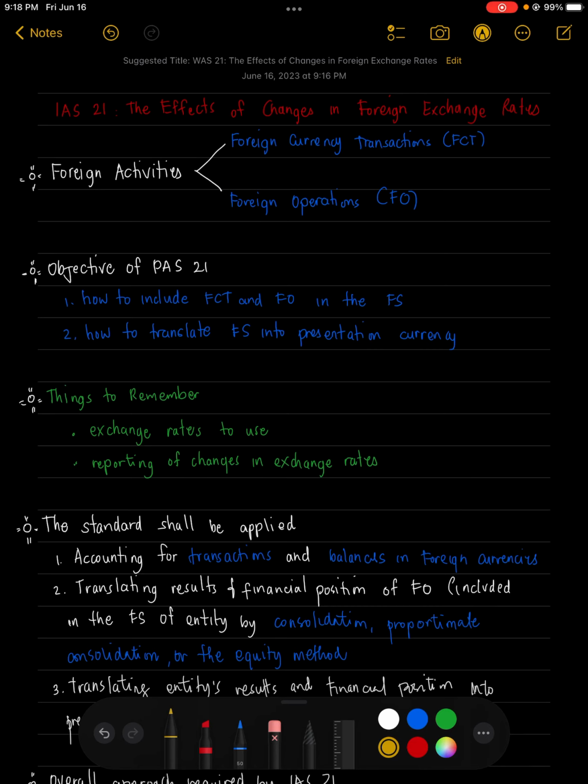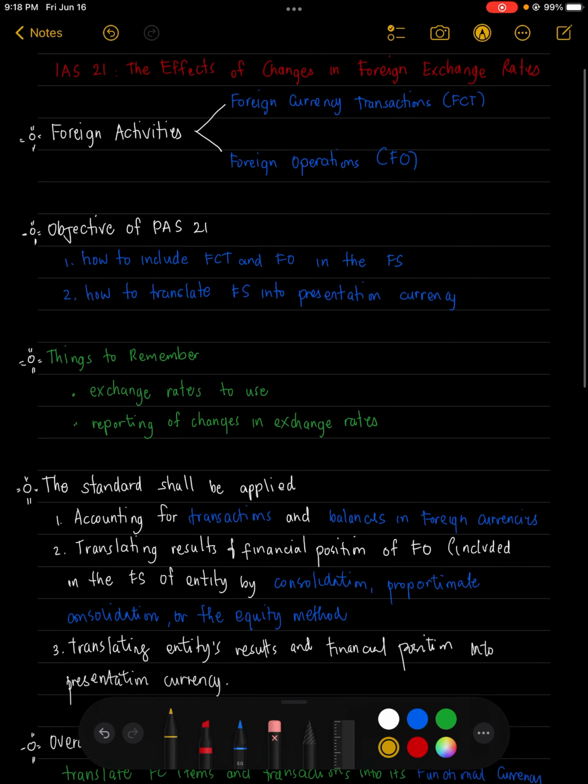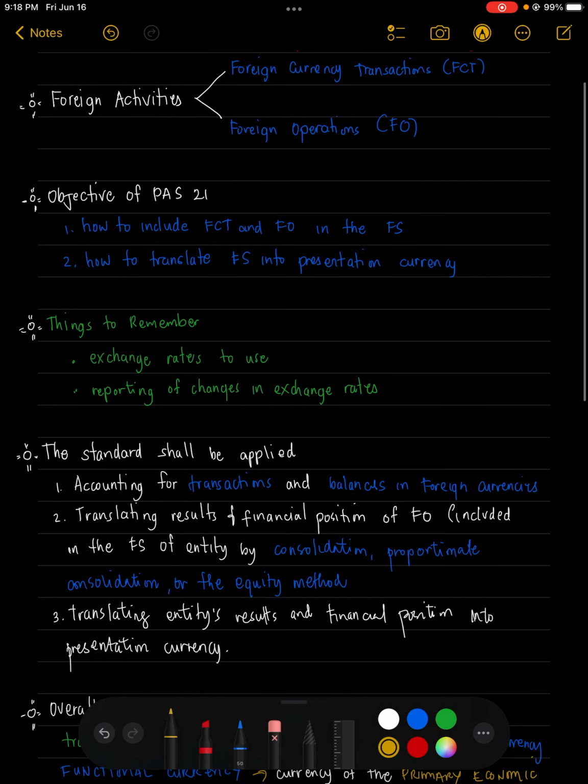So, having these objectives, ang mga bagay na kailangan nating tandaan in this particular topic are, first, exchange rates to be used, dahil of course alam natin na ang exchange rates ng mga currencies ay nag-iiba from time to time.